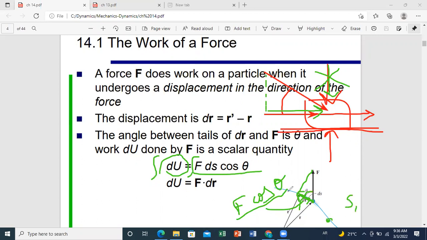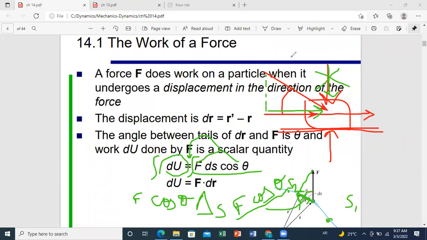Now, if my force is constant and cosine theta is constant, then I can take them outside of the integral and say that the total work is F cosine theta times delta s. But this is not always the case, because sometimes the force is variable or the angle is variable. So if one of these two is varying, I should perform integration.